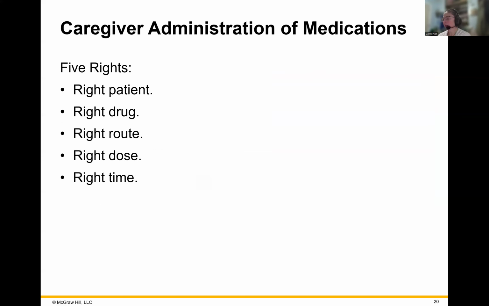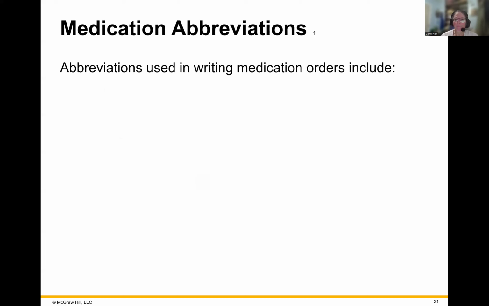So when we're actually giving medications, we have to make sure that we follow the rights of medication administration. Here are 5 rights. There's actually more than 5 rights, but our book just talks about 5 of them, where you have to make sure you have the right patient, drug, route, dose, time.